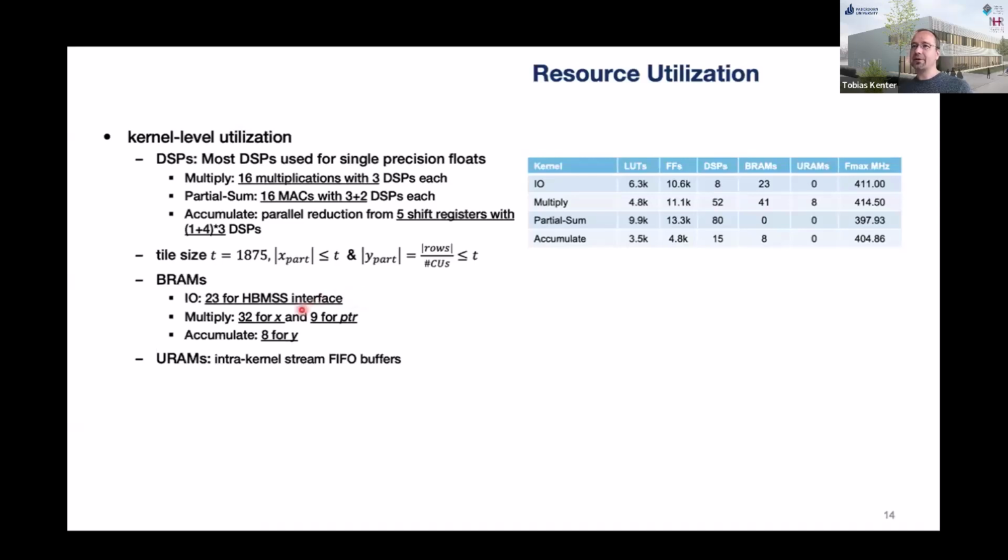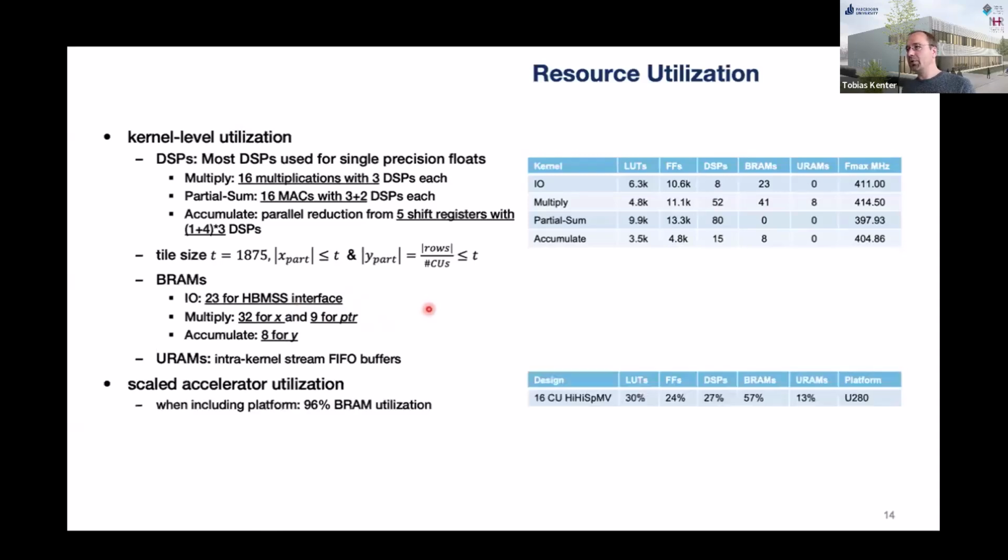The multiply kernel uses 32 RAM blocks for the X vector, including replications. There are 9 BRAMs used for the pointer array and 8 for the accumulated results in the Y direction. URAMs are used only for stream FIFO buffers.